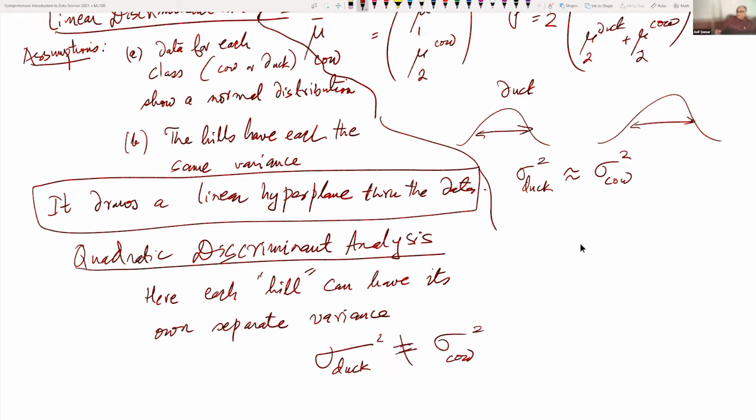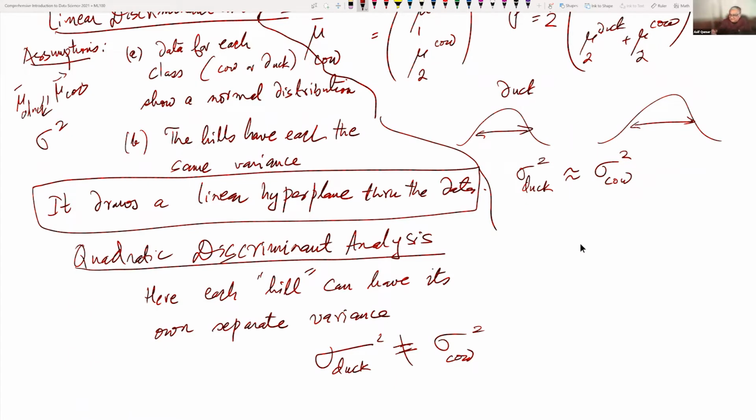Right? So if you make this assumption, now you're in a bit of trouble, because in linear discriminant analysis, you need to find just mu of the duck, mu of the cow vector, and a common sigma square. So there are three variables that you need to evaluate.